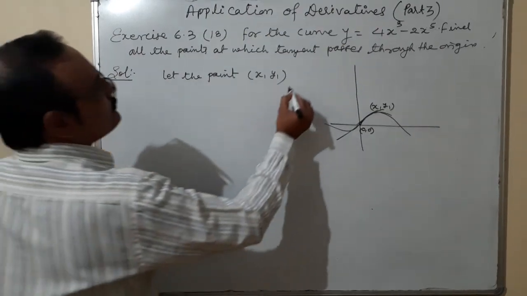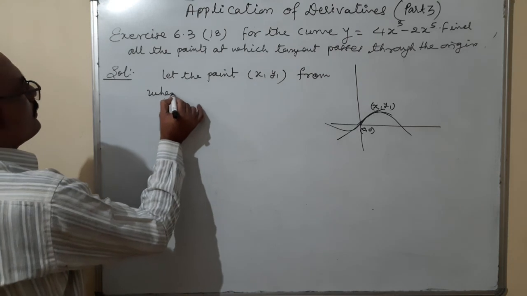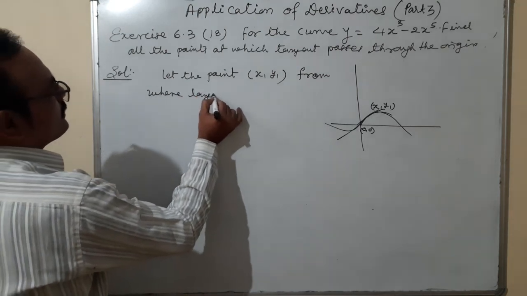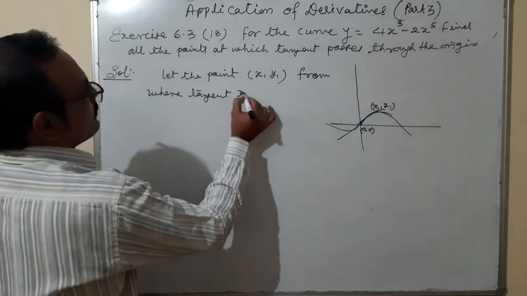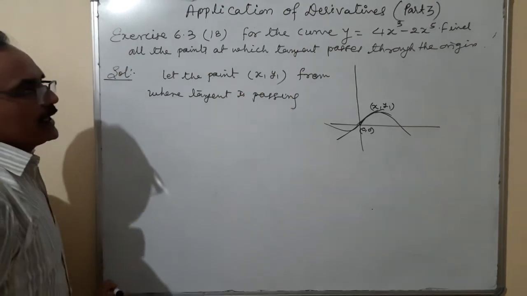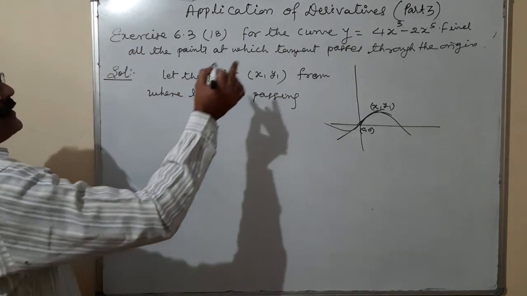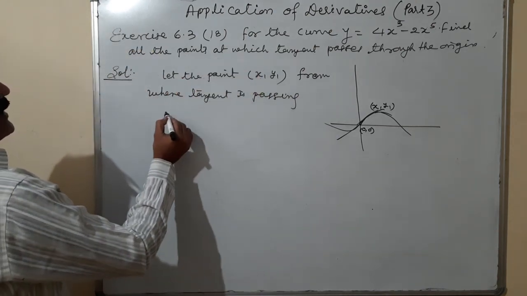Let the point from where the tangent is passing be x1, y1, and the other point is 0, 0, which is already given.